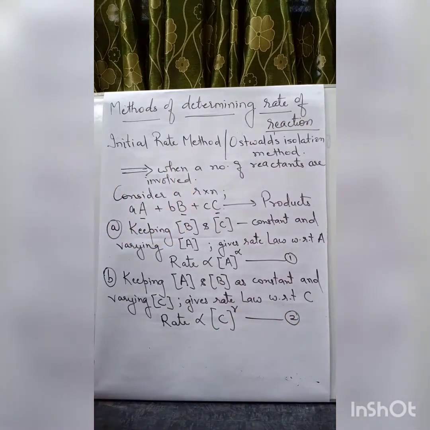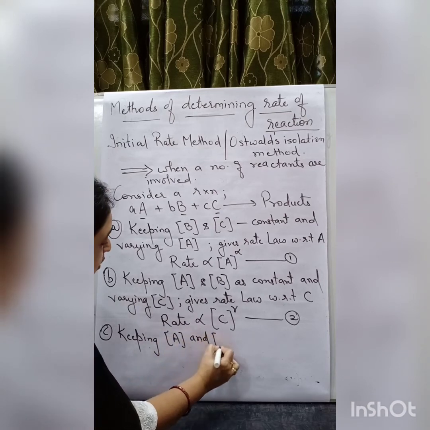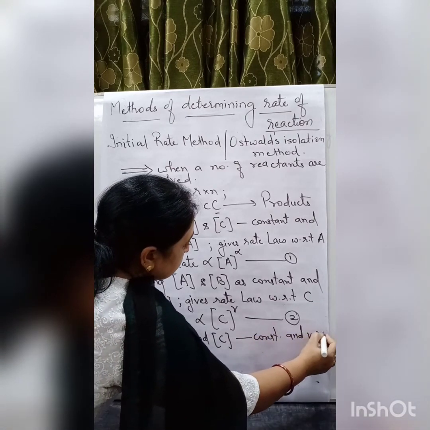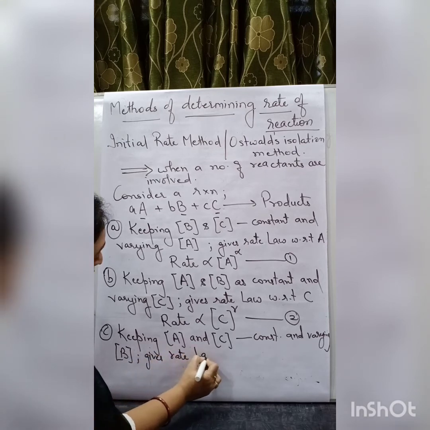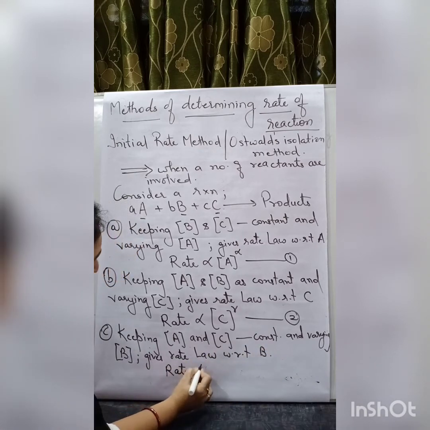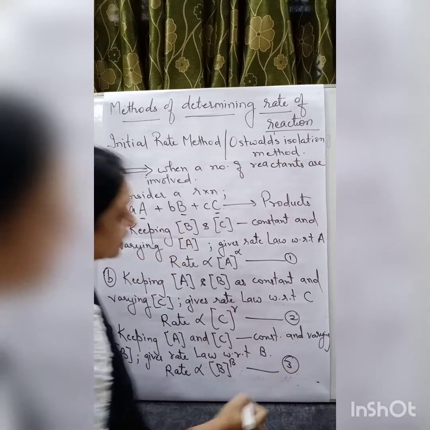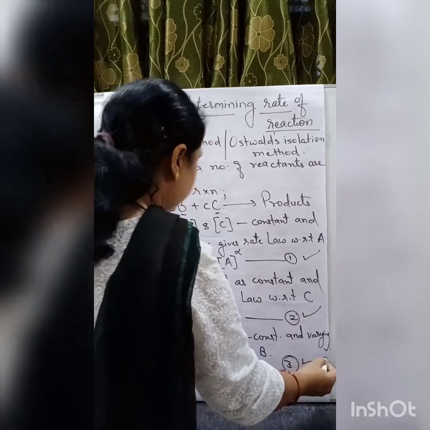Equation number 2. In the third case, keeping concentration of A and concentration of C constant and varying concentration of B gives the rate law with respect to B. So I will get rate proportional to concentration of B raised to beta. Equation number 3.